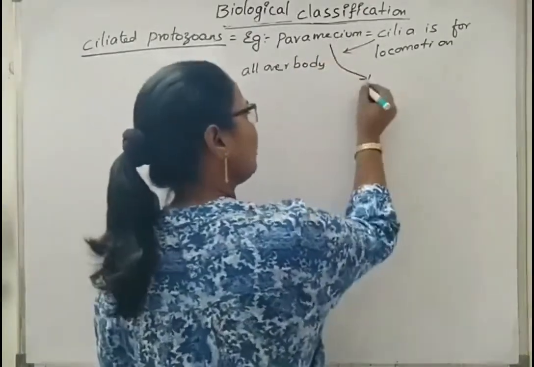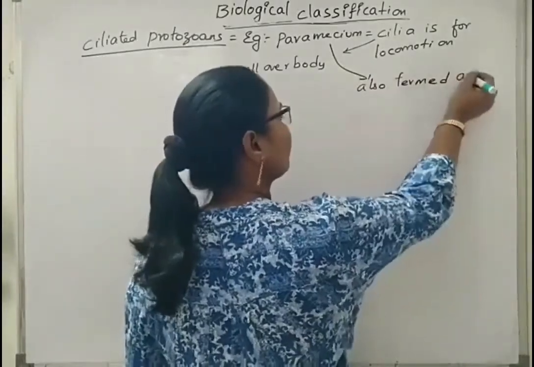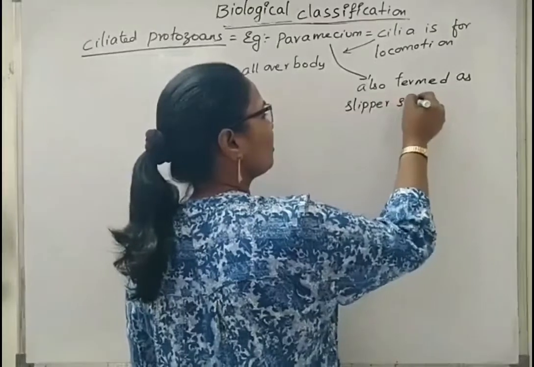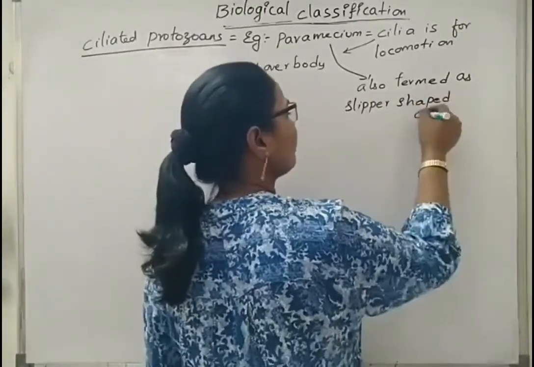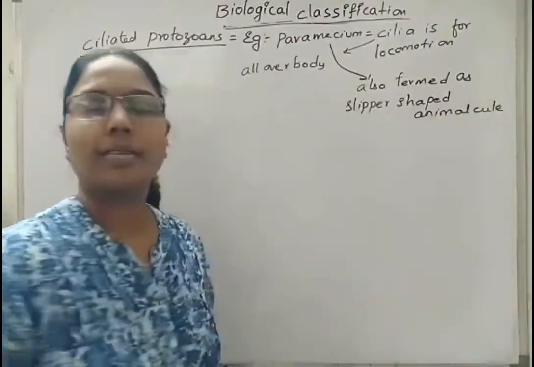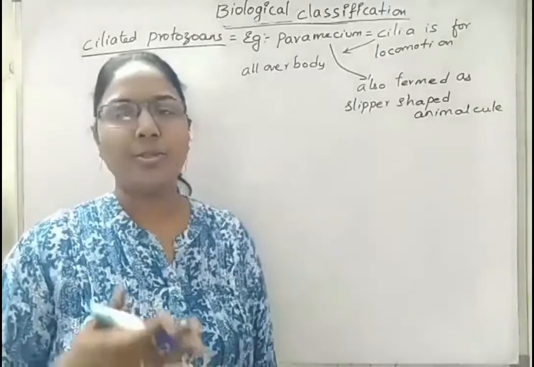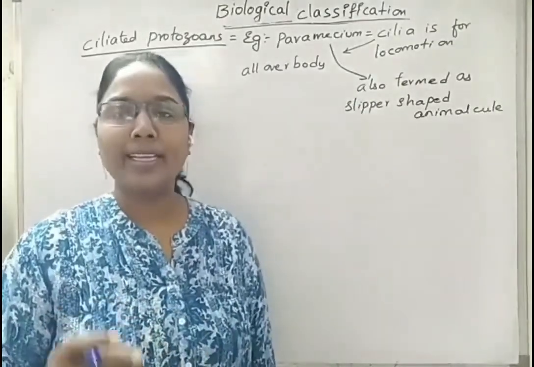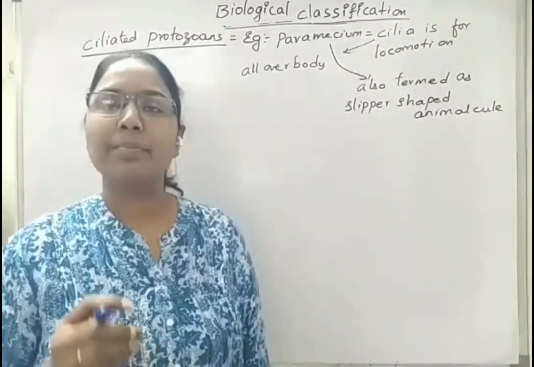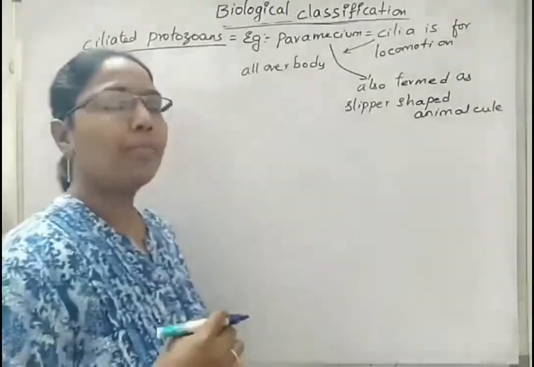Paramecium is also termed the slipper-shaped animalcule. I told you one word when discussing Euglena, which is termed the spindle-shaped animalcule. In the same way, Paramecium is termed the slipper-shaped animalcule. That term is given based on the shape of the organism.